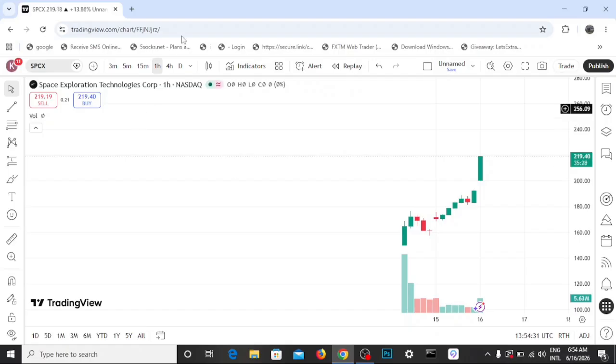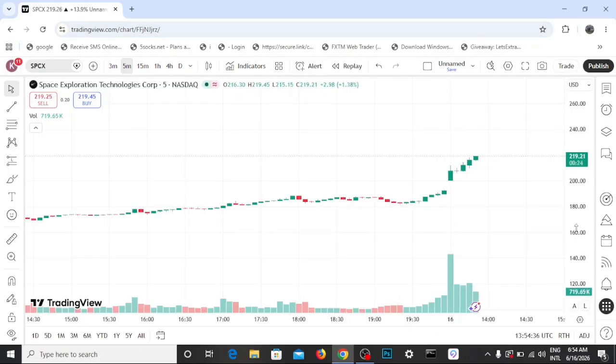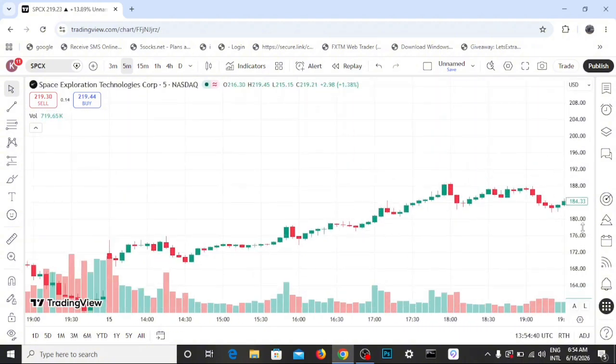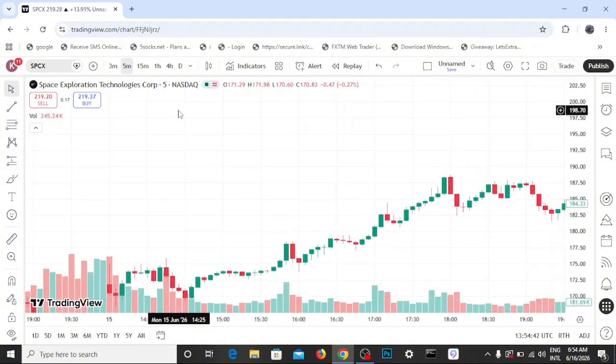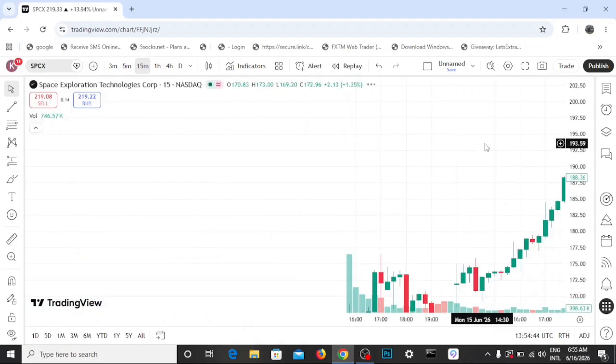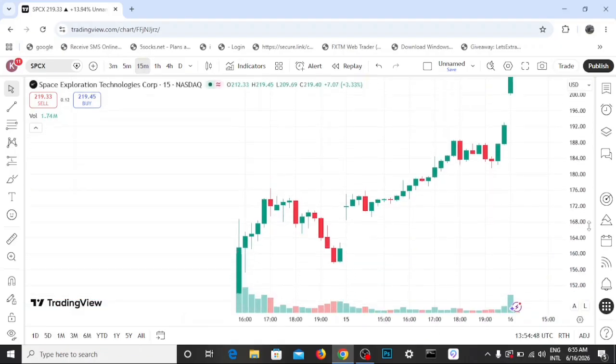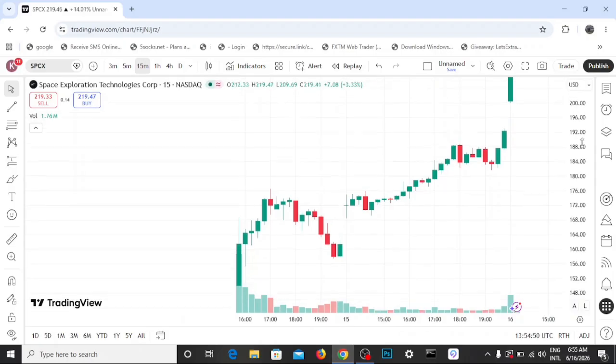But in truth, you just want to go to the 5 minute time frame, which is where I normally trade from, because you get to see a more defined movement of the market. And actually just go to the 15 minutes, okay. So yeah, this is a good time frame to trade from.